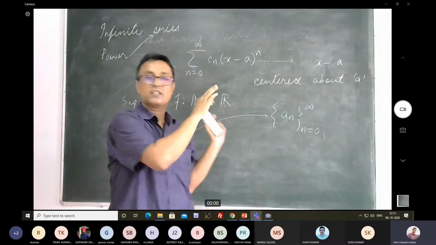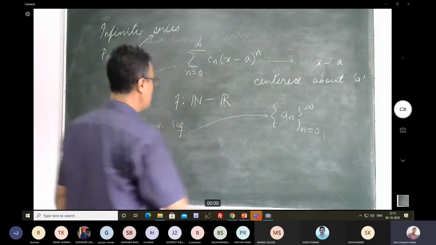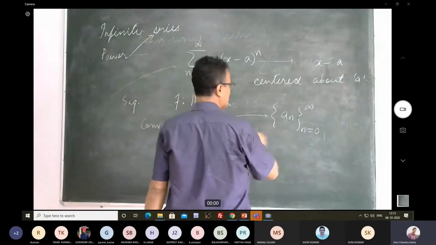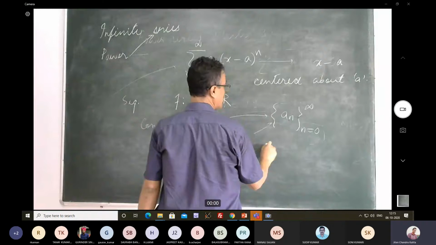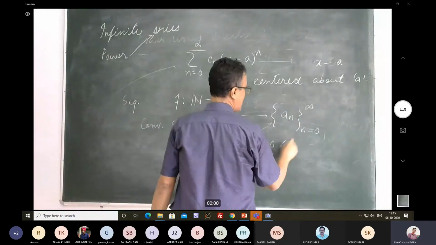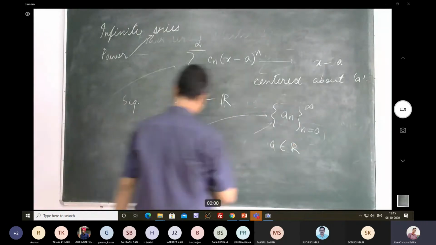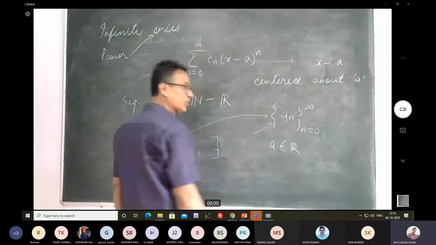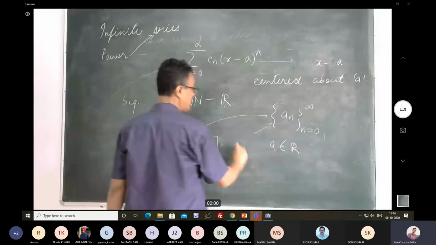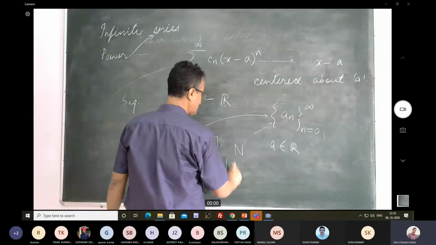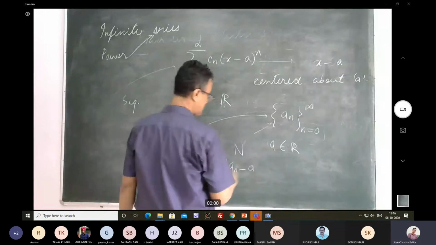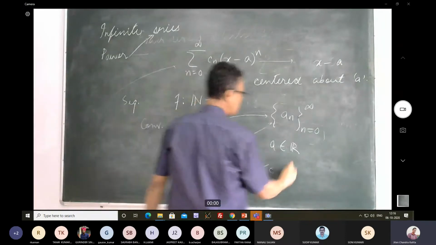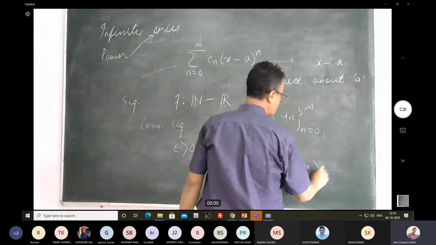We say that the sequence converges to a point A in R if, given epsilon greater than 0, there exists a positive integer N such that |a_n minus A| is less than epsilon for all n greater than or equal to N.